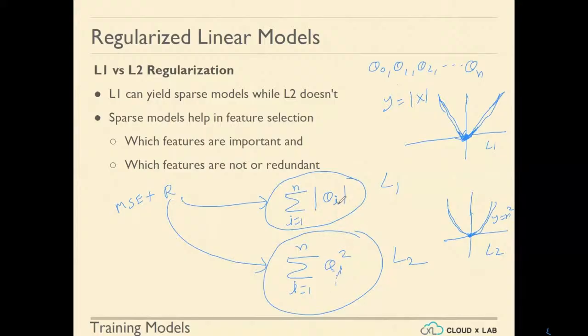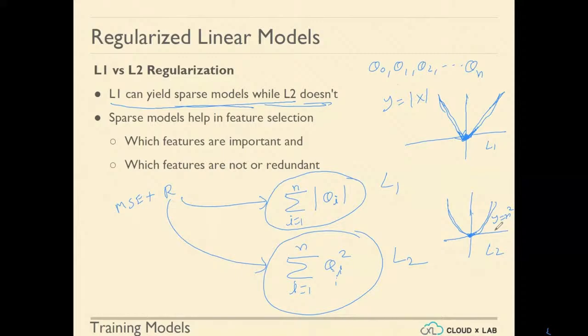But here theta I can become perfectly zero, right? So that's why L1 can yield a sparse model, while L2 does not. Here you cannot make any theta I perfectly zero, right?